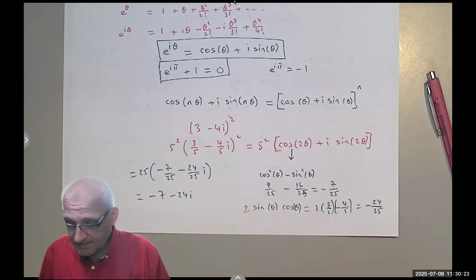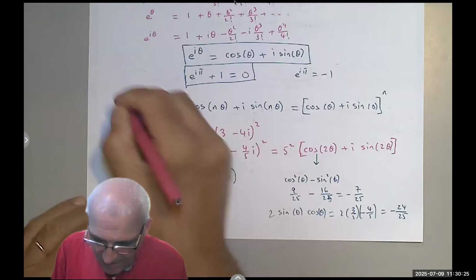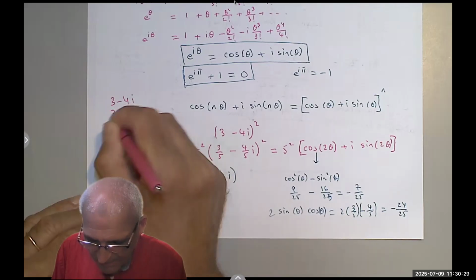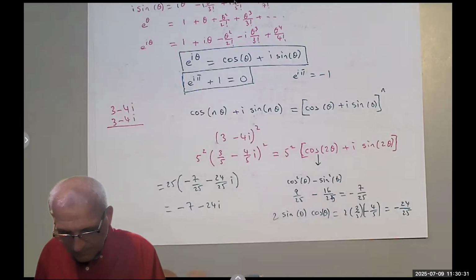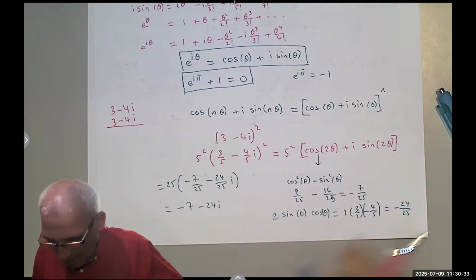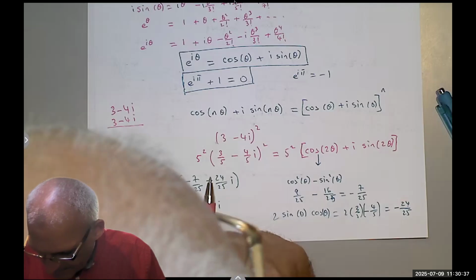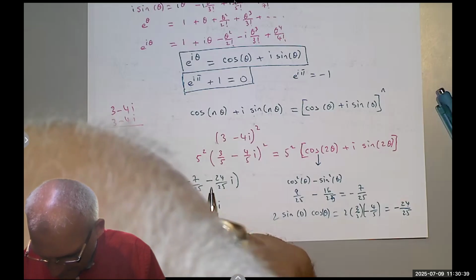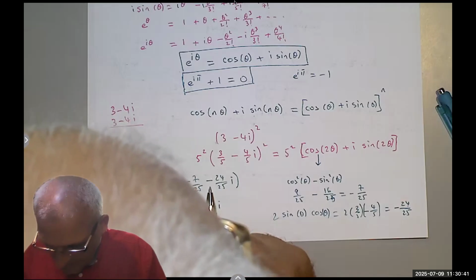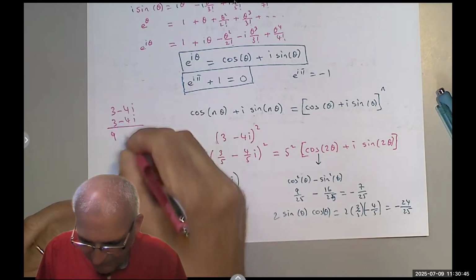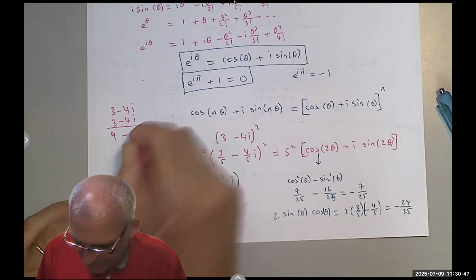You can try it. Multiply 3 minus 4i times 3 minus 4i. Okay, 3 times 3 is 9. 3 times negative 4i is negative 12i.